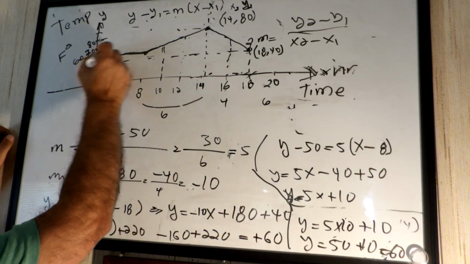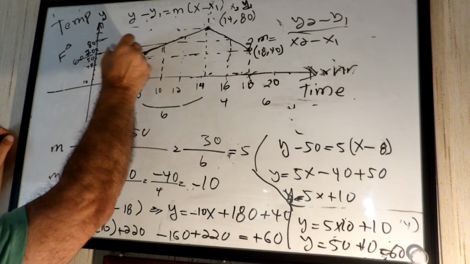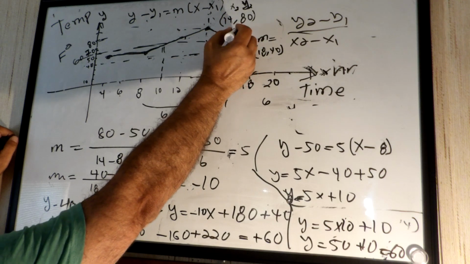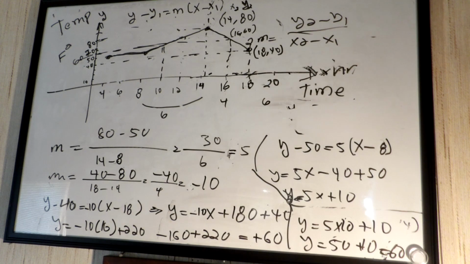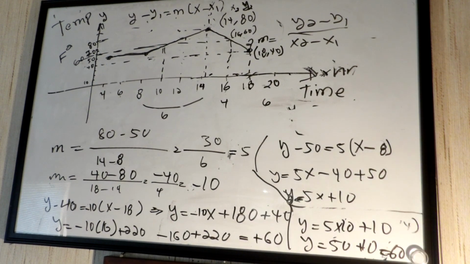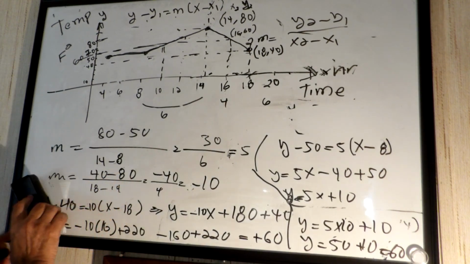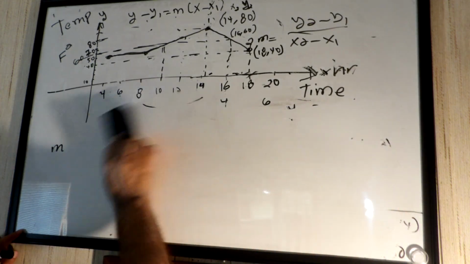So this is going to be here. So the coordinates of this are going to be 16 and 60. So that's the linear equation. The slope is negative. We try to show you all in one graph, the negative and the positive. Okay.